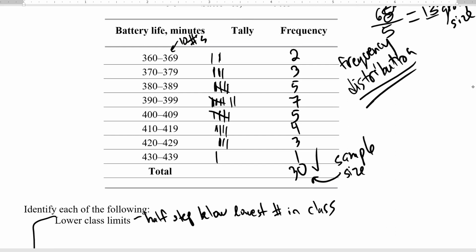Well, what if my minutes weren't exactly minutes? What if I had 359.3, 359.4, 359.5? At what point would we include that number with the 360? Well, basically what we do is we go a half step below. And since all of these are going by minutes, by whole numbers, then a half step below 360 would be 359.5.